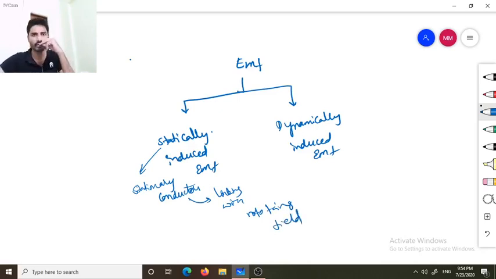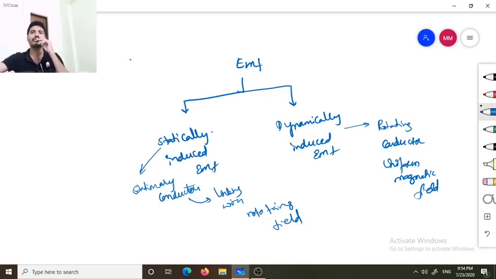In dynamically induced EMF, it occurs mainly due to a rotating conductor. The word dynamically says something about the conductor's motion. Here there is a rotating conductor and stationary flux, meaning uniform flux, a uniform magnetic field.